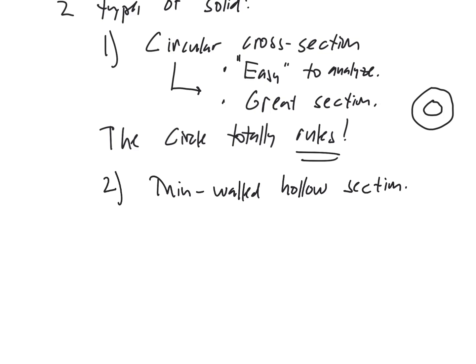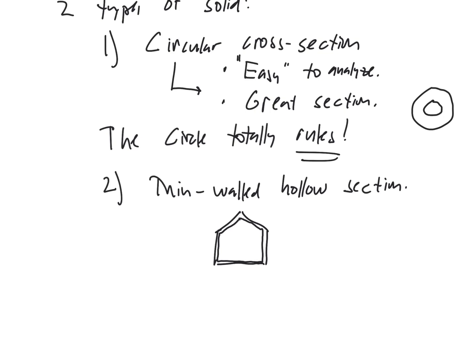The thin-walled can be anything. It could look like a house, something like this, as long as it's formed of a thin wall. So you've seen sheets like this at Home Depot. You could go look at a hollow PVC pipe. That would be a hollow circle that's thin-walled. There's a lot of structural elements that have this sort of character.